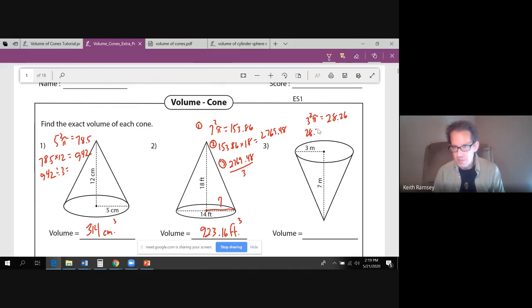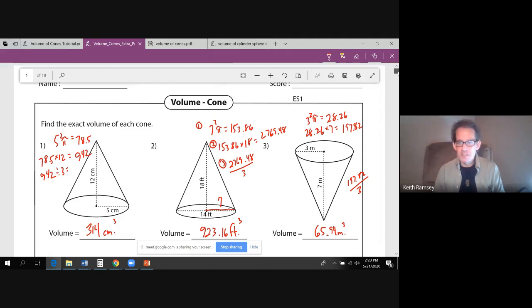So 28.26 times 7 should equal 197.82. And then step 3 is to take 197.82 and divide that by 3, which would give you a volume of 65.94 cubic meters.